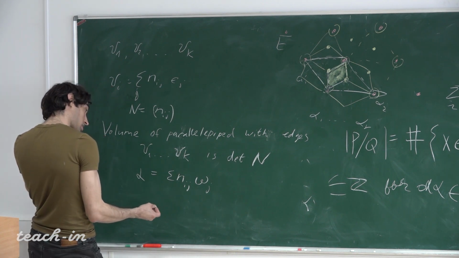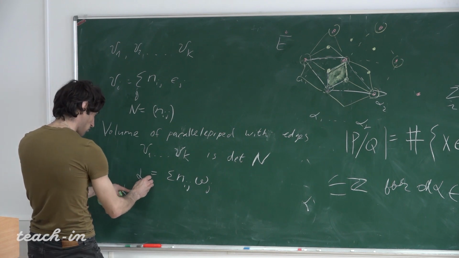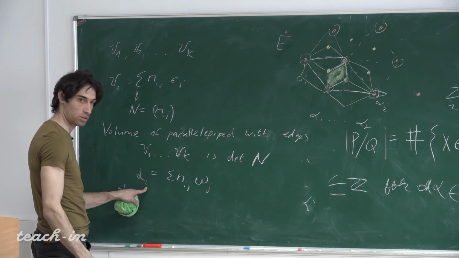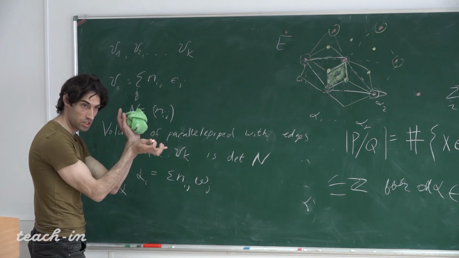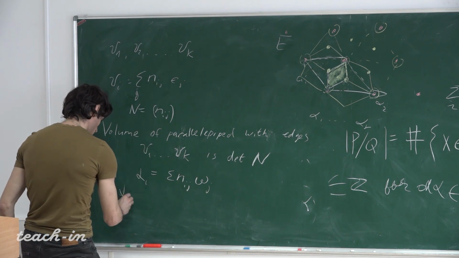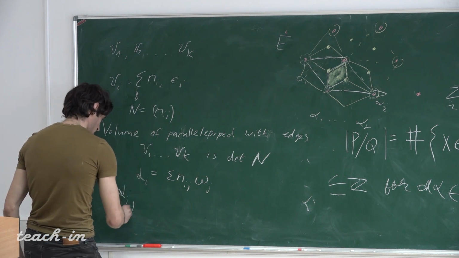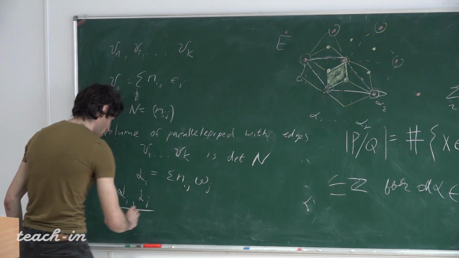I can compute it. I can take alpha, sorry, alpha i here, right? This i corresponds to the simple root. So my parallelepiped is spanned by simple roots. So I take alpha i and compute the inner product, not inner product, but rather this.